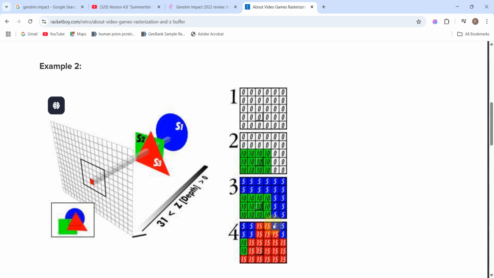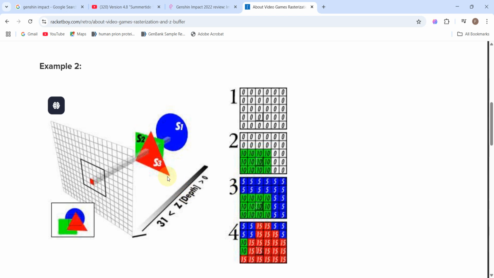You understand that the S2 plane, that is the green square, in the Z depth came out to be 10, and the circle was at 20 spaces in the world coordinate. So the computer understood and updated that this green square is above this circle.